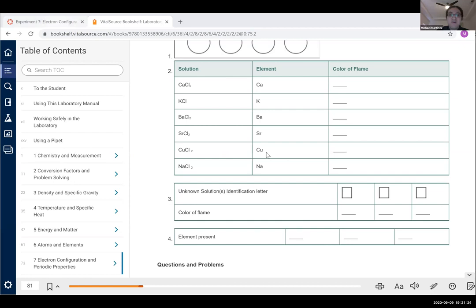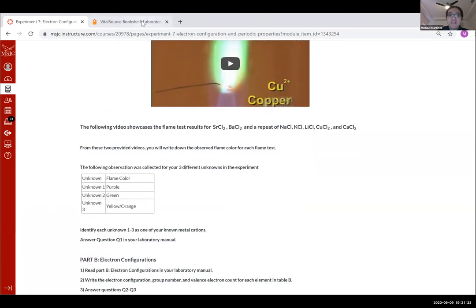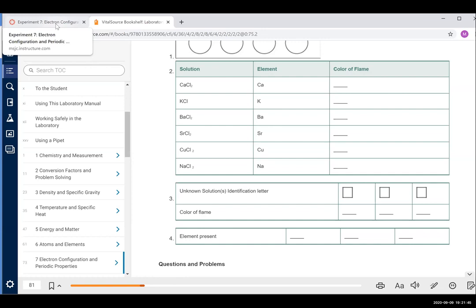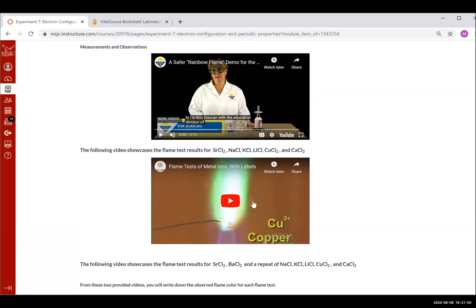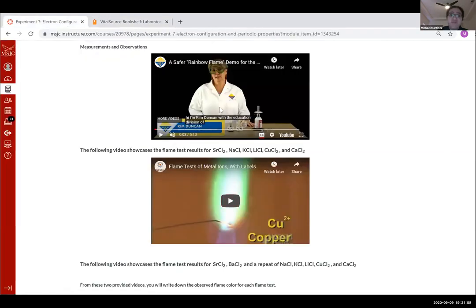So once you've collected your data for the known samples, the lab is titled Electron Configuration and Periodic Properties, and this is the results table that you're filling out in that lab. So for the first video, do we fill that in for part A2? Both of these videos together will have all the elements found in A2. You'll have to watch both of the videos, as the first video doesn't have all of the elements.